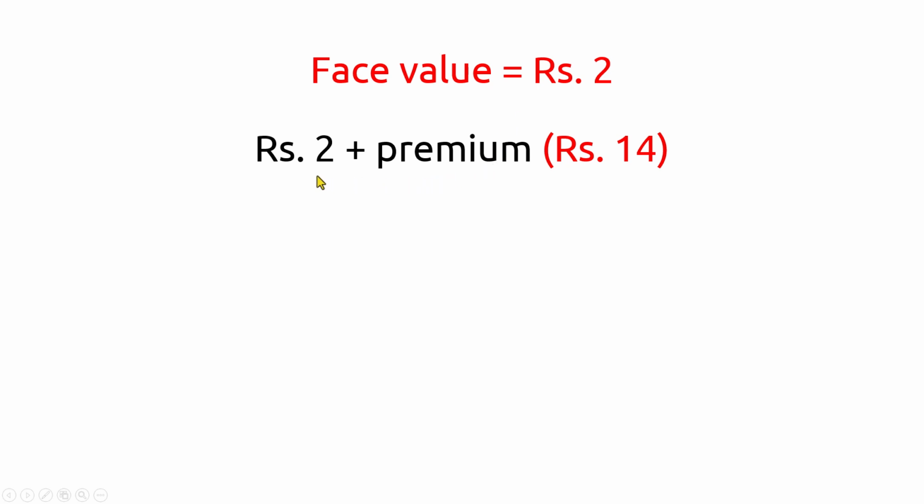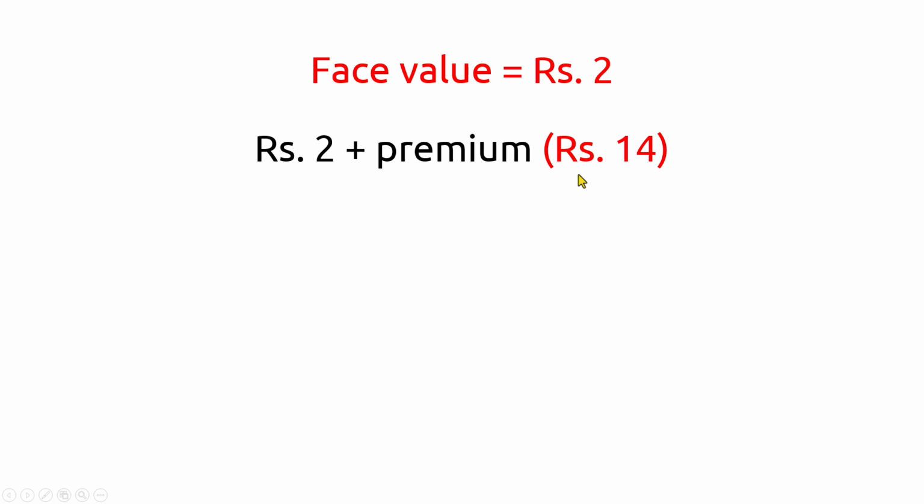So 2 rupees plus a premium. And let us say that the premium has come to 14 rupees in our example. So what is this premium and what does it depend on?